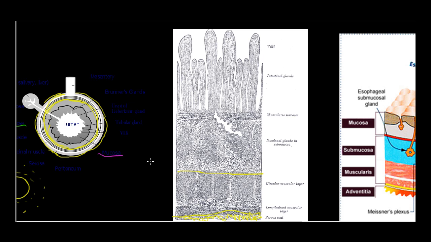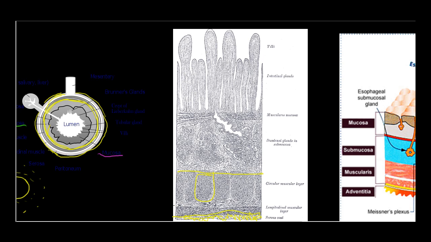And so the muscularis externa has a circular layer. This is a cross section, and so we see the circular muscular layer. It's circular because it wraps around the entire GI wall.